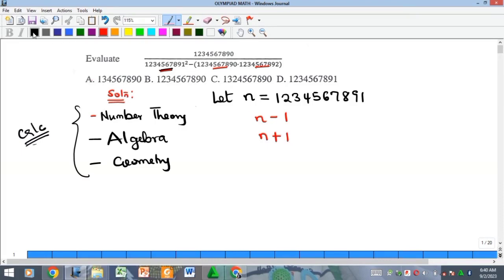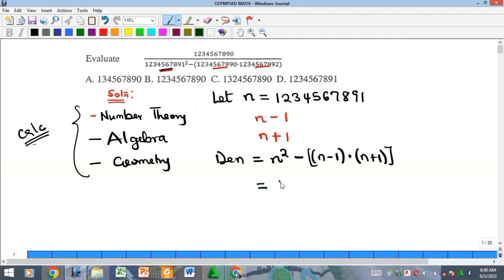In other words, our denominator is simply equal to n squared, remember there is a square on it, minus, you open a bracket, n minus 1 multiplying n plus 1. We will try to simplify this and see if it gives us something simpler.